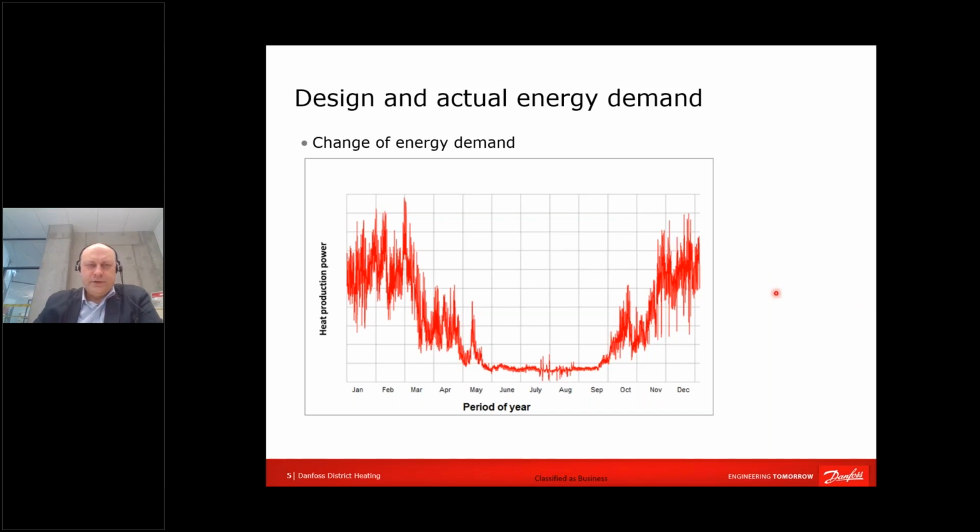What we have to consider is that design and actual energy are changing with time, with the period of the year. The demand may change dramatically.